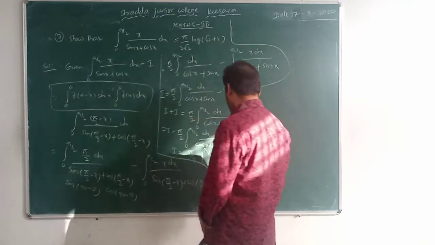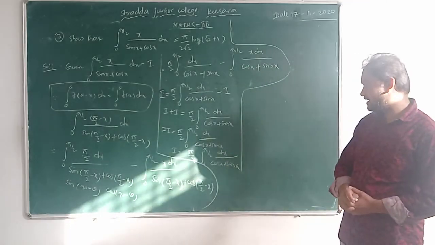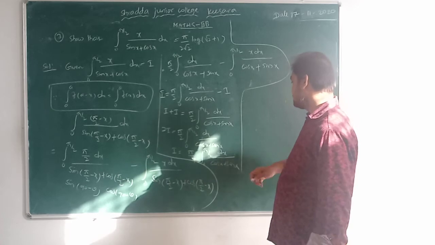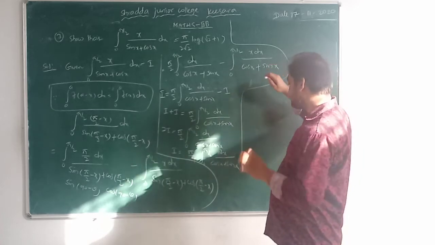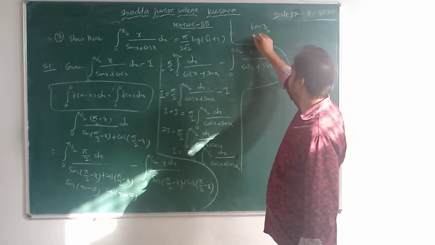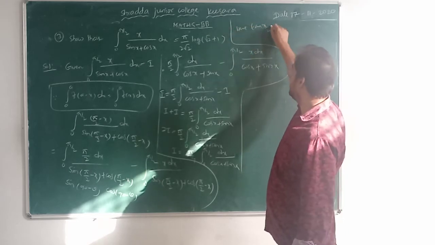Next, see here, we have to find this value. Now see what the method is here. Let tan x by 2 equal t.